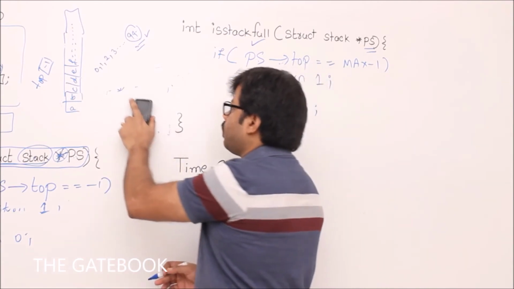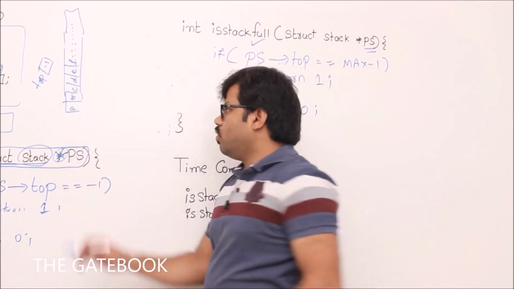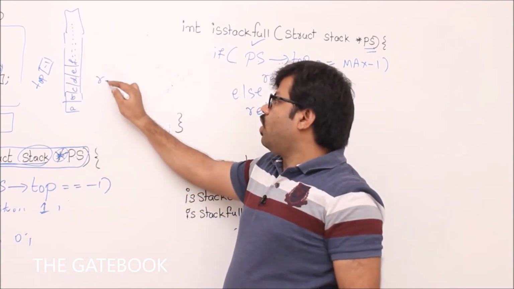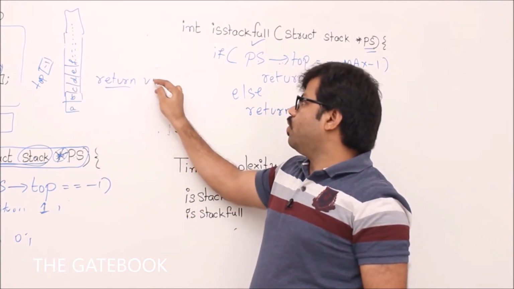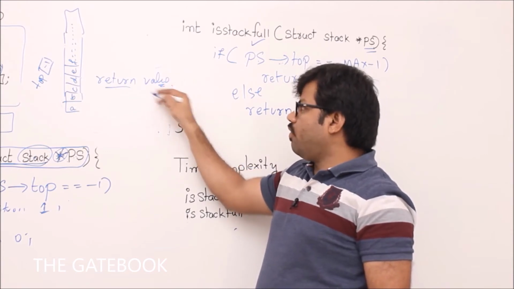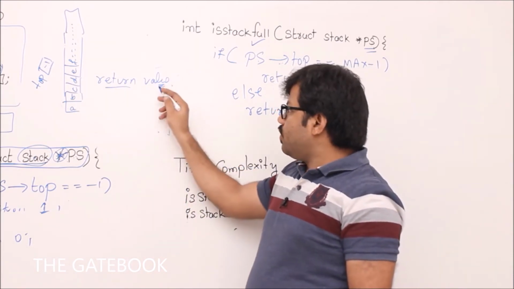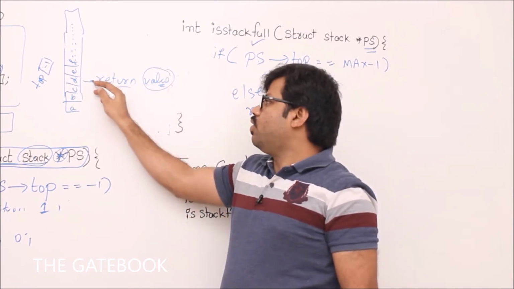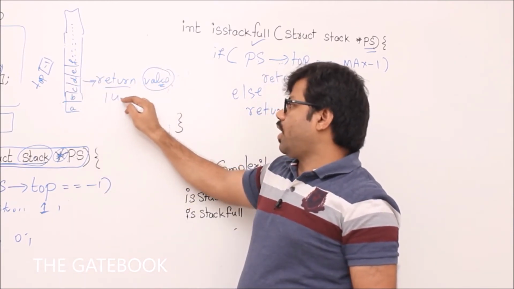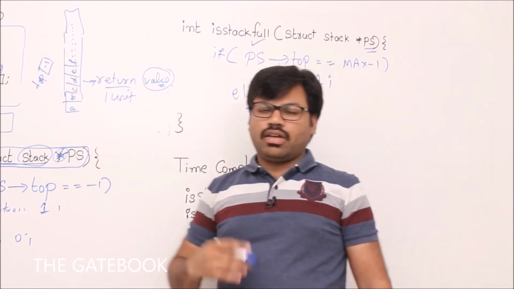Okay, now one more thing. In a program, whenever you see a return statement, returning some value, but you are not computing the value, the value is already computed. When you have an already computed value and you return it, to execute this line it takes only 1 unit of time, some constant time. Okay, just remember it.